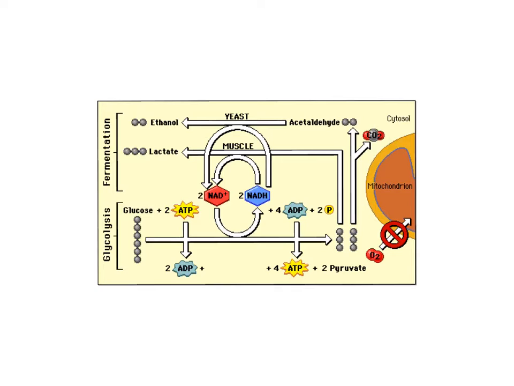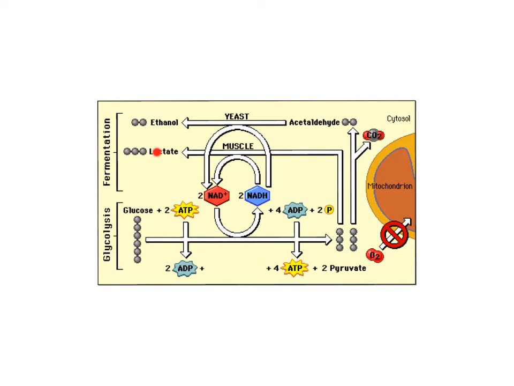Now, in humans and other animals, this pyruvate is taken as a whole, as a 3-carbon. Notice that here it loses a carbon, so you're producing carbon dioxide. This is why yeast make bread rise, because they produce carbon dioxide in anaerobic respiration. We don't produce carbon dioxide in anaerobic respiration.